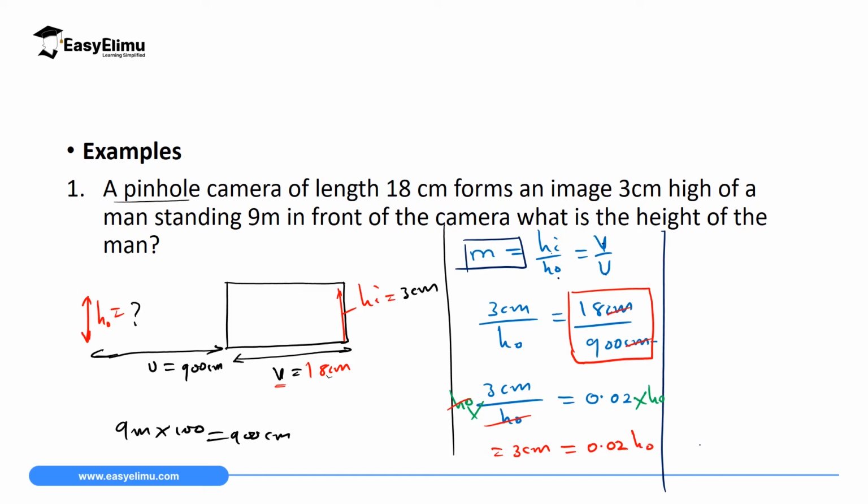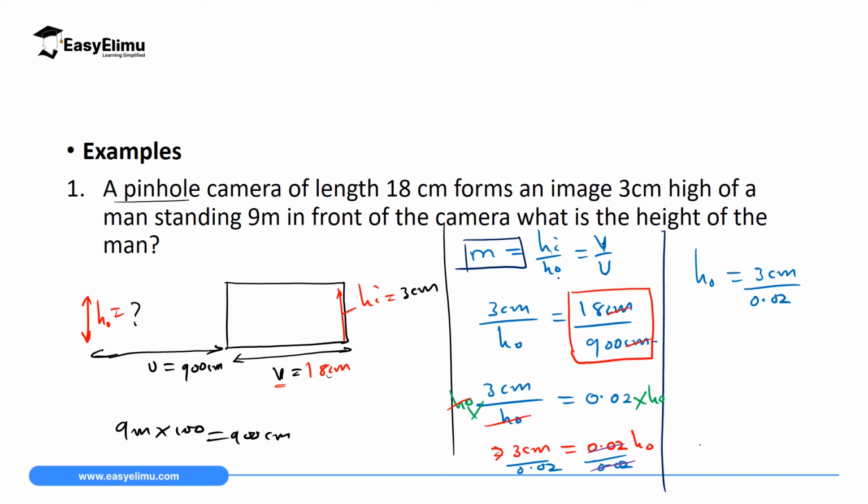Now, if we need HO, then we will divide by 0.02 on both sides. If 0.02 on the right hand side cancels out, we will remain with our final answer as HO equal to 3 centimeters divided by 0.02.